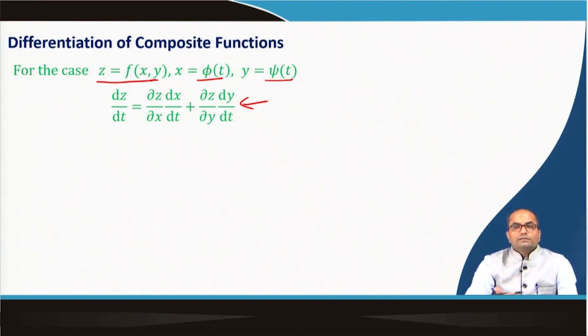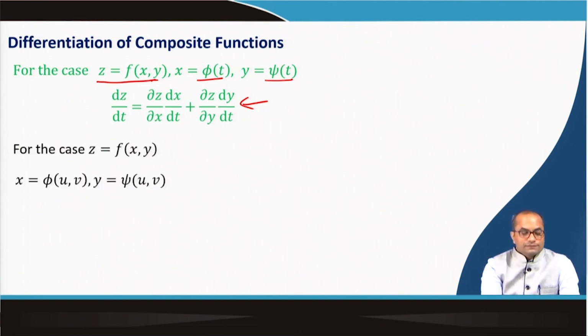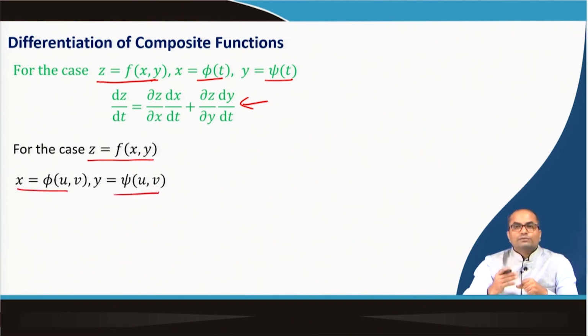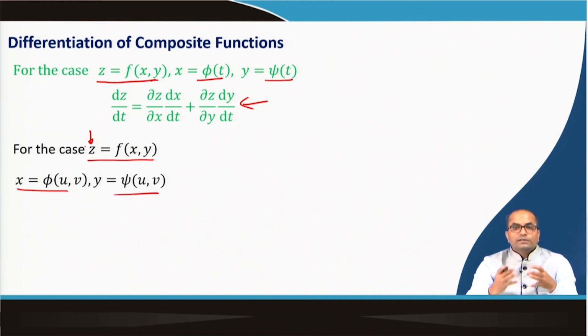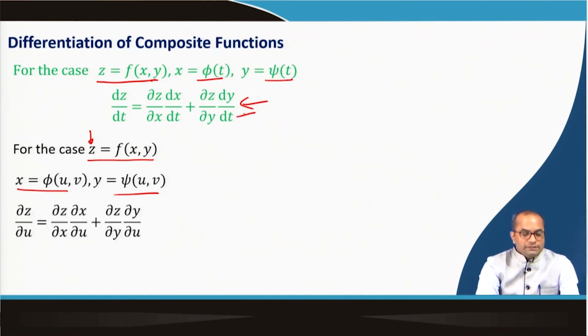Similarly, there are many other variants of these composite functions, like z is a function f of x, y, where x is a function of u and v, y is a function of u and v, and then our interest is to find del z over del u and del z over del v. So, similar results we have here also.